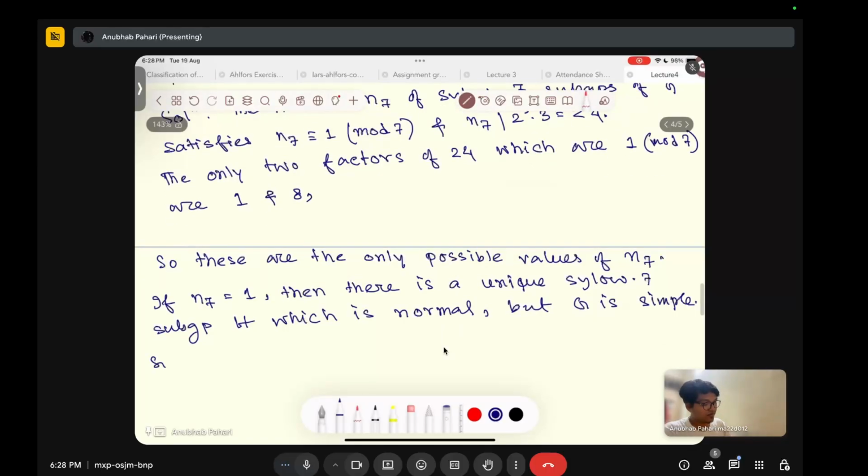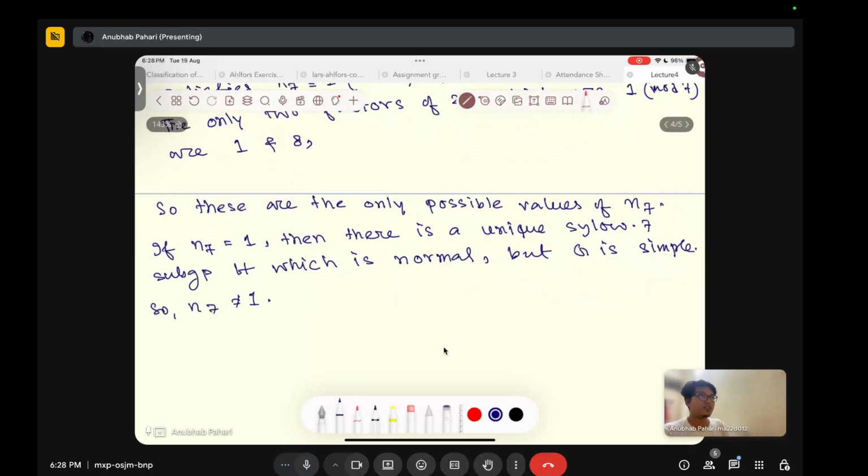So n7 cannot be 1. The remaining possibility: n7 has to be 8.